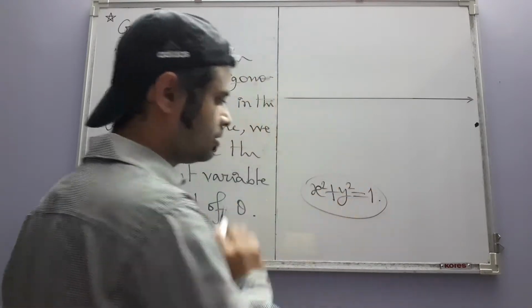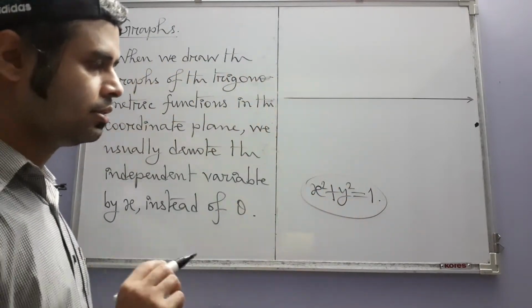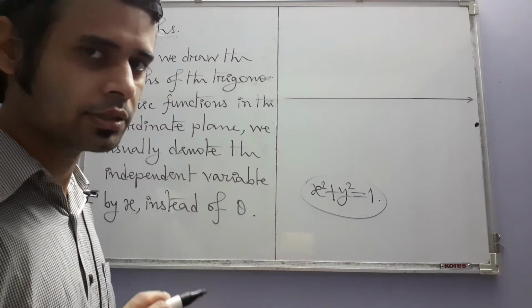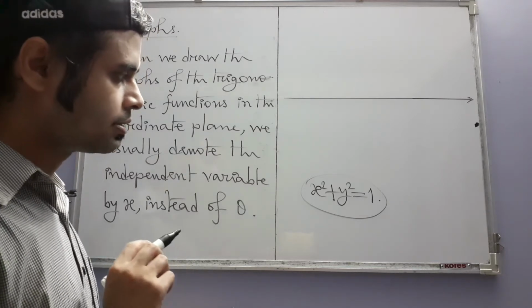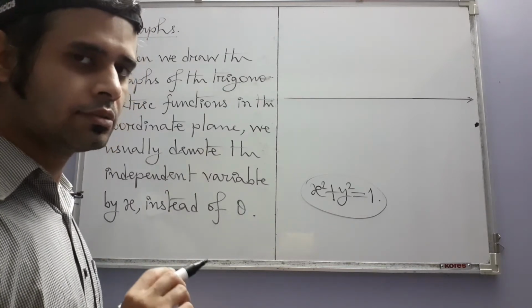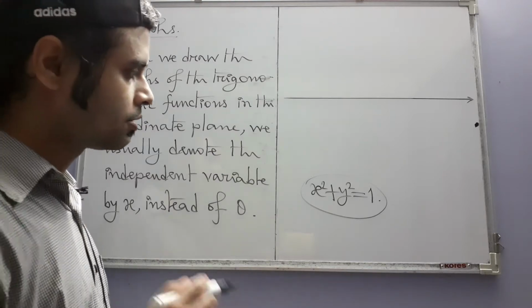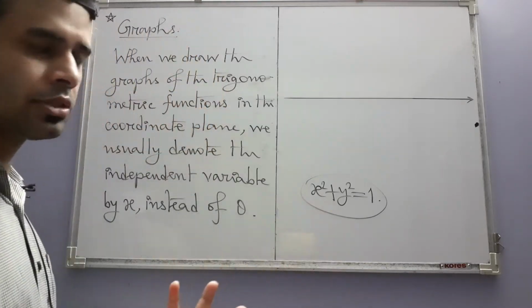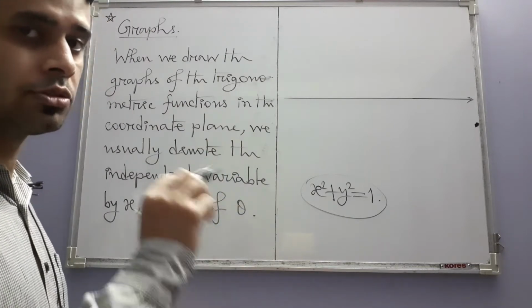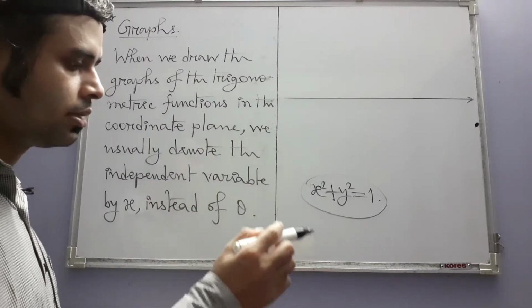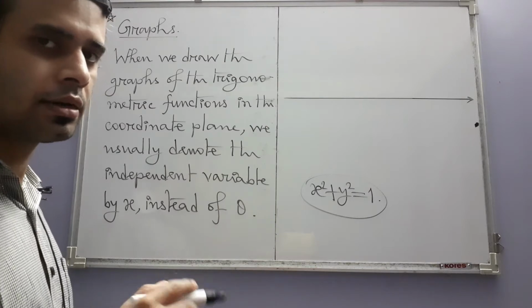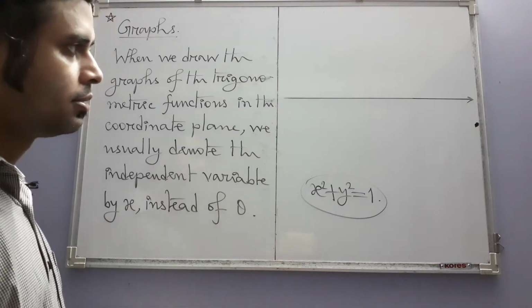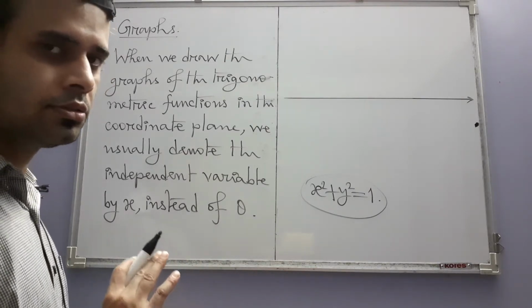We know that this equation represents the unit circle centered at the origin, a circle whose center lies at the origin and which has radius 1. So when we drew the circle, we of course did not plot actual points. We just drew the general shape of the circle as nicely as we can. So the same thing here also we are going to do.